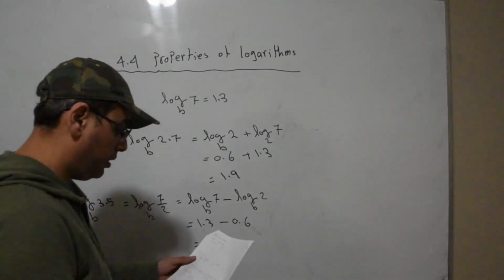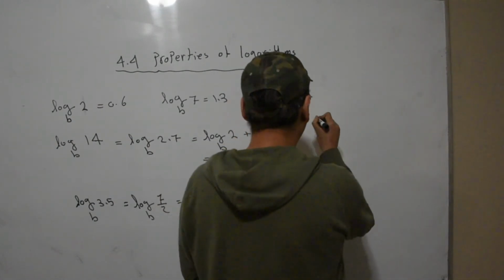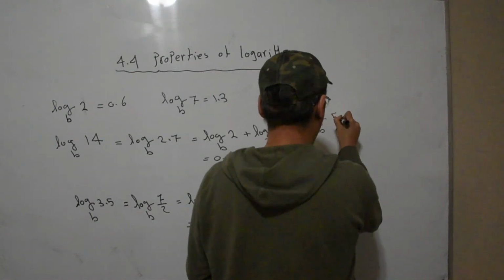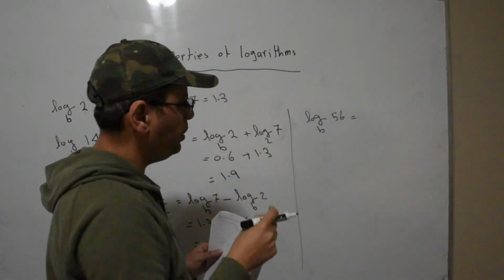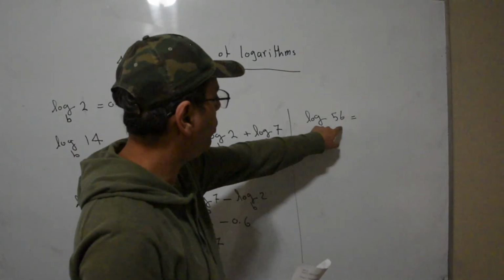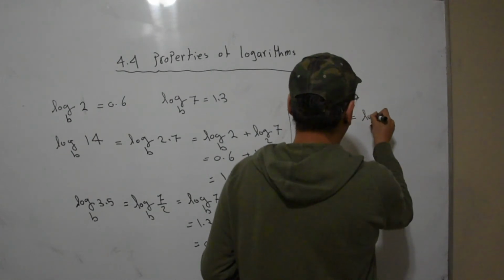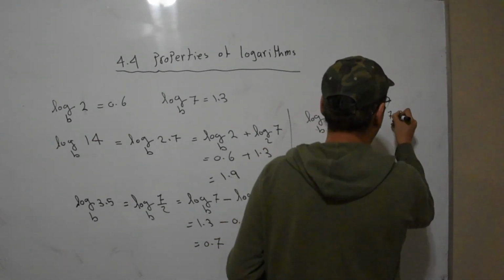Alright, let's do two more examples. I have log base b of 56. I don't know what 56 is, but I want to break this down. So 56 is log base b of 7 times 8.